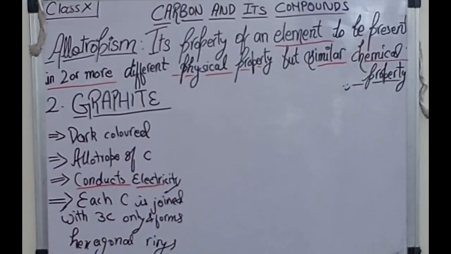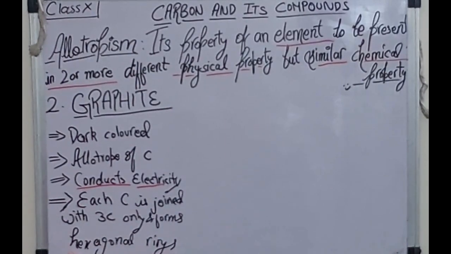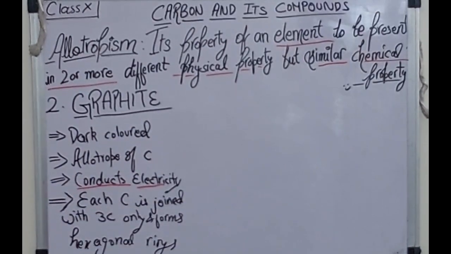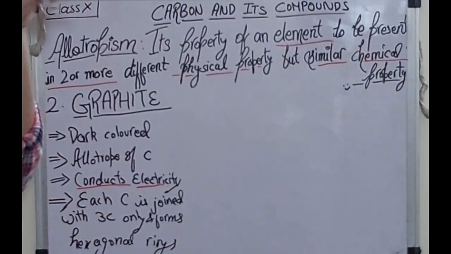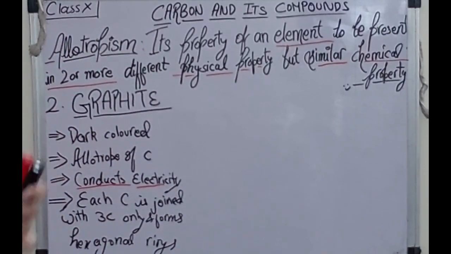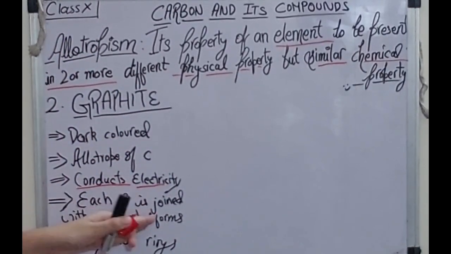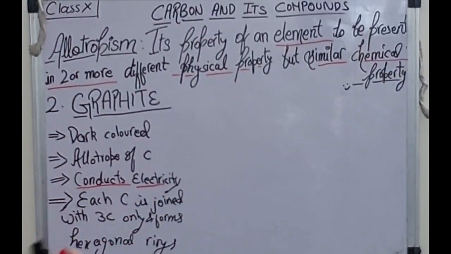And it forms hexagonal rings. Now, if you want to know about its structure, just refer to your NCERT textbook. I think it's in the starting of the chapter itself. You can check it out. It's in a yellow color box, I think, or green color box, maybe. Okay. So, each carbon is joined with 3 carbons only and forms hexagonal rings.